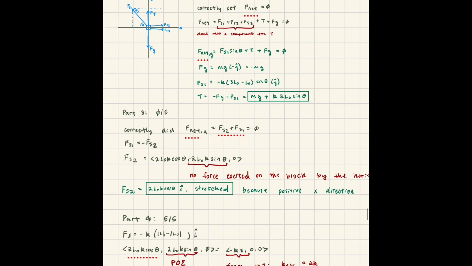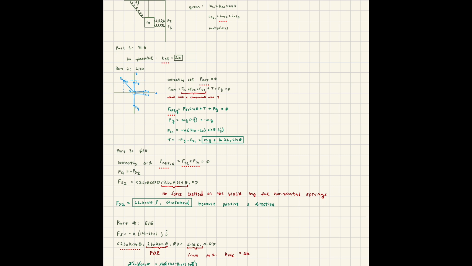So for part 3, I got 0 out of 5 on this. What I needed to do was get the net force in the x direction, because it wanted to know how much force that put.